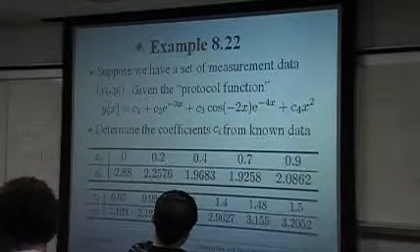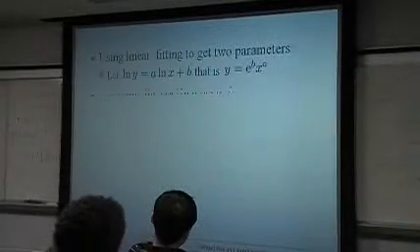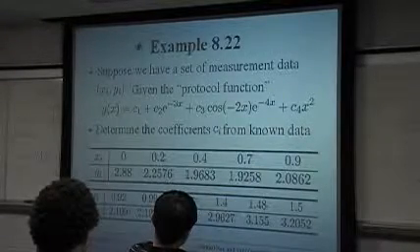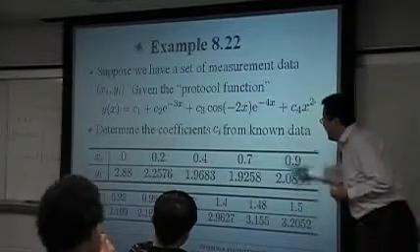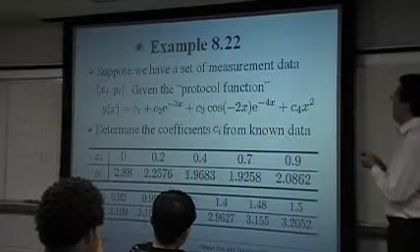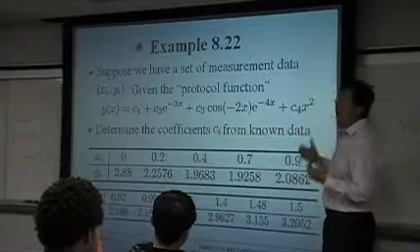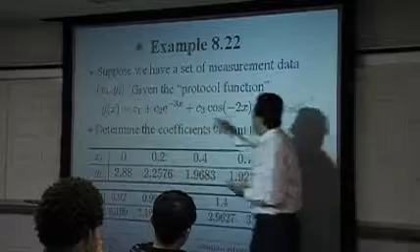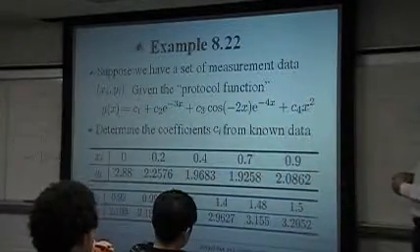Now let's consider another problem. This is one of the examples. Suppose we have obtained by experiment a set of data like this, and we know that the original function could be of this form, but we do not know the exact coefficients in the prototype function.